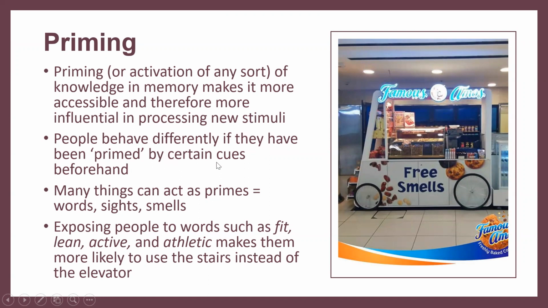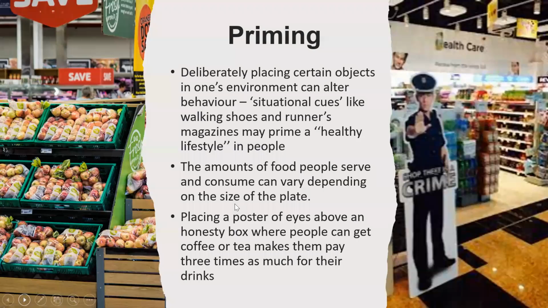by certain sensory stimulations. For example, many things can act as primes, the words, the sight, the smells, and even things like exposing people to words such as fit, lean, active, athletic may make them more likely to use the stairs rather than using the elevators.